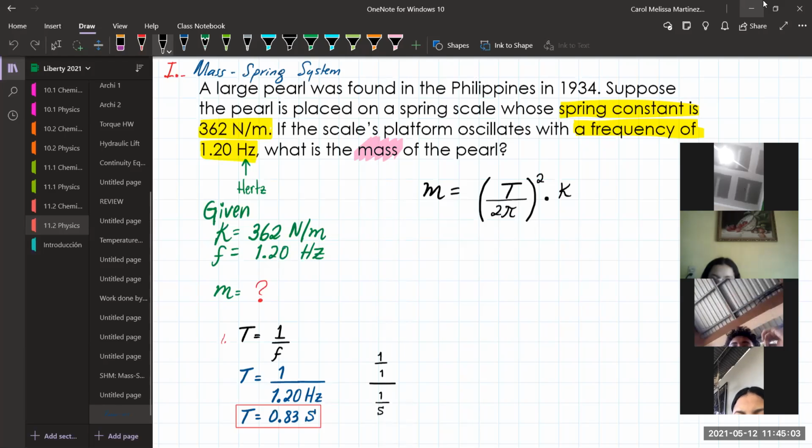So when you have a division of fractions, what you do in the end, you multiply the outer values, and you will have a 1 times seconds that is going to be divided by the inner values, that is 1 times 1.